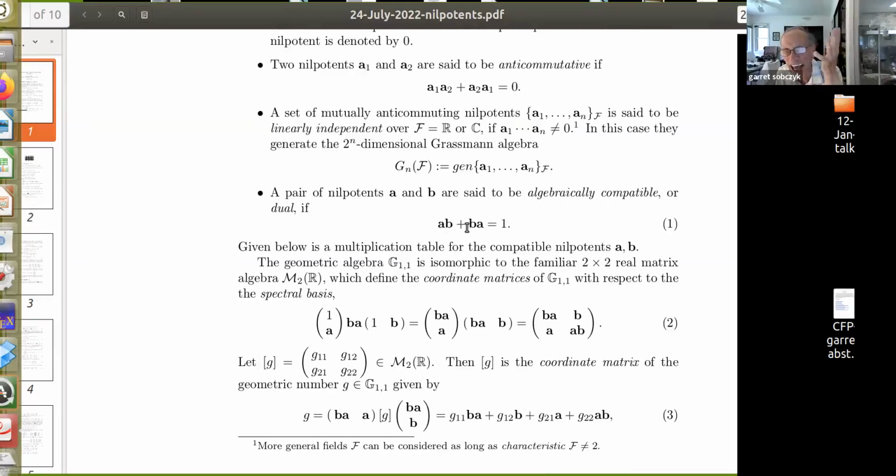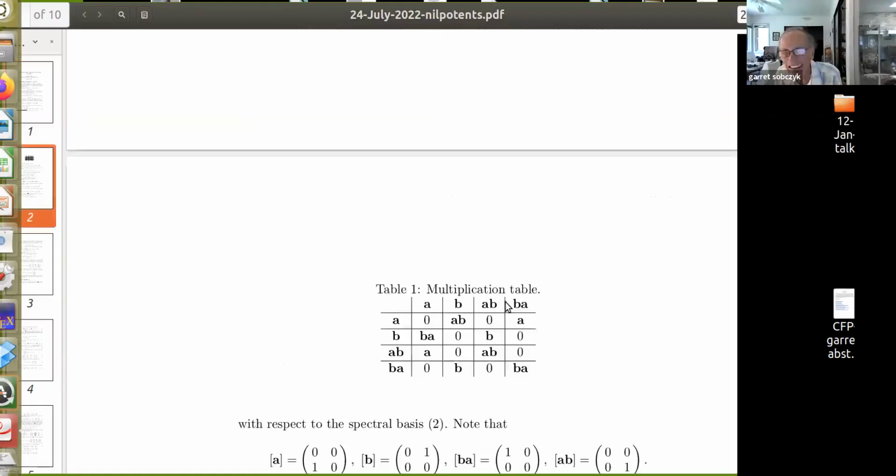Then I get ABA equal to A. And that's how I'm defining the multiplication then, that ABA is equal to A because I'm multiplying on the left by A. Okay, and I assume the laws of ordinary matrix multiplication. So I get A squared times B, which is 0, and I get ABA, and that whole thing is equal to A then. Okay, so that's how I get this table. A times BA is equal to A.